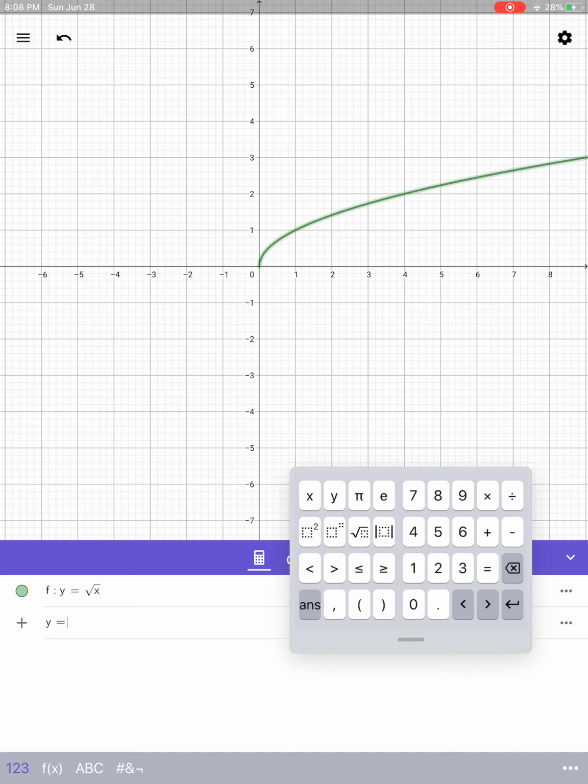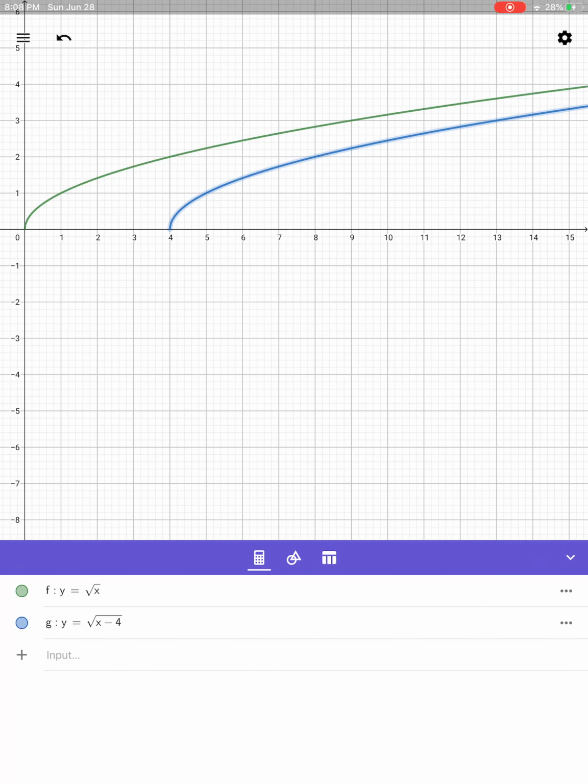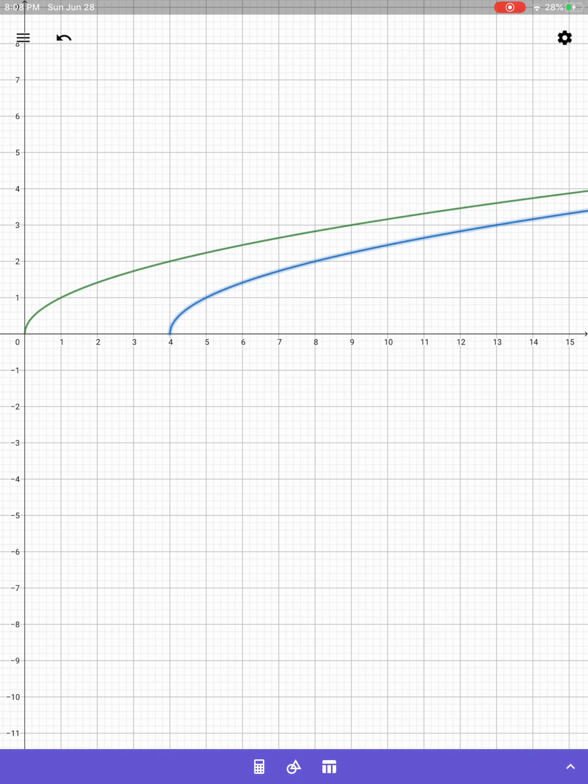So if I consider the shift y is equal to square root of x minus 4, you can see there is a shift of the graph towards the right, correct?